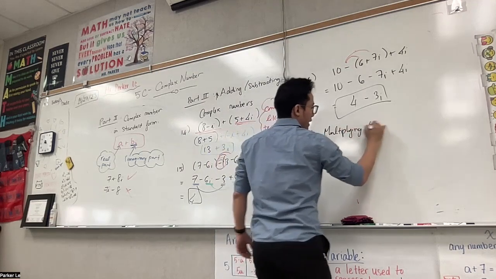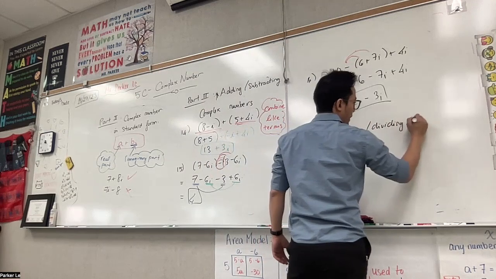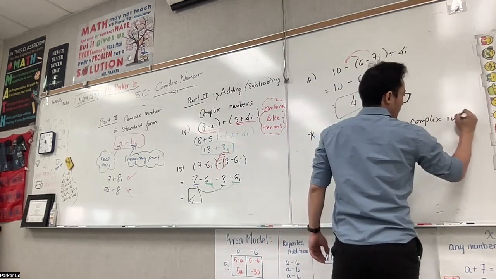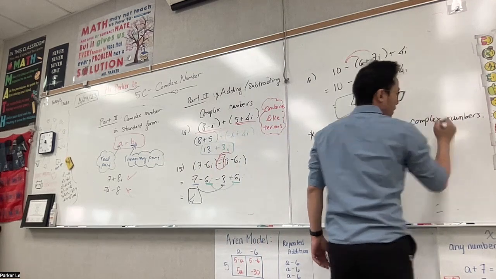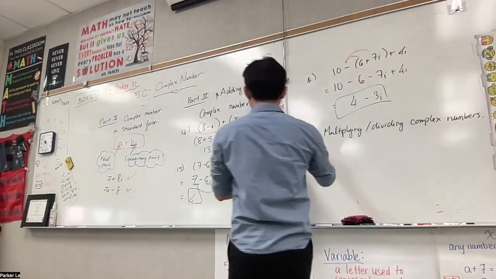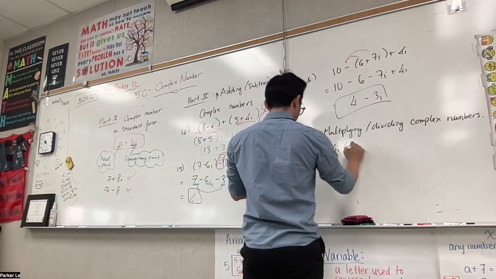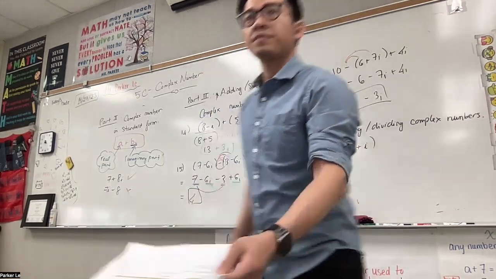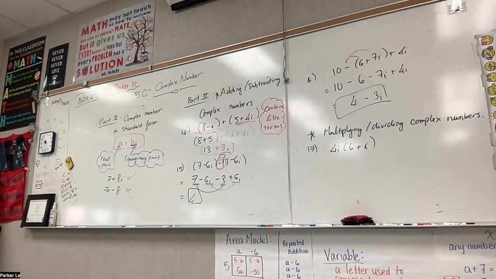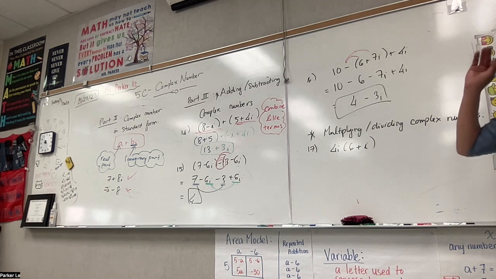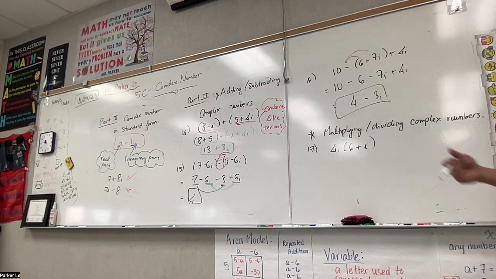Multiplying and dividing complex numbers. Fractions and i we're going to do next tomorrow. It's a little bit harder because the fraction is more complicated. After the break, your brain actually has more capacity now.